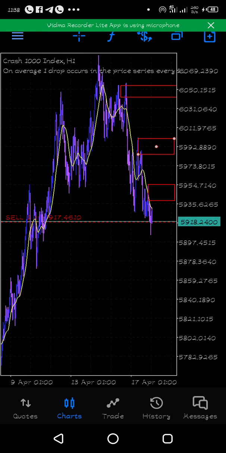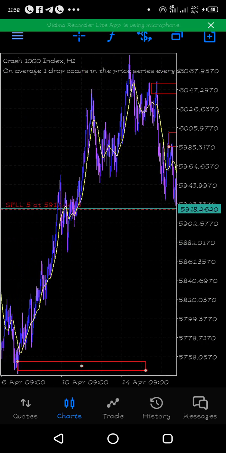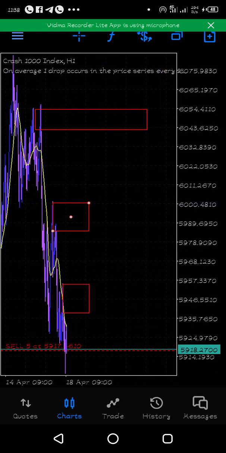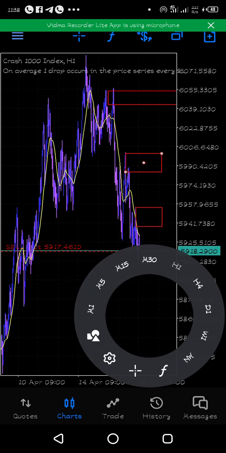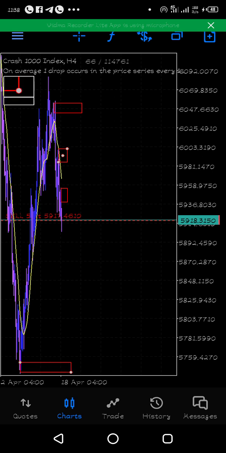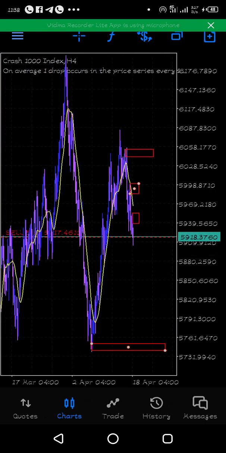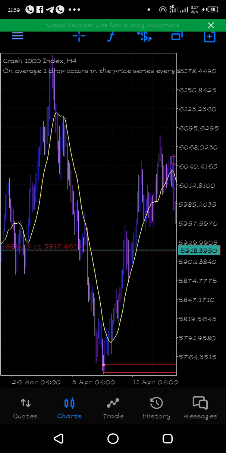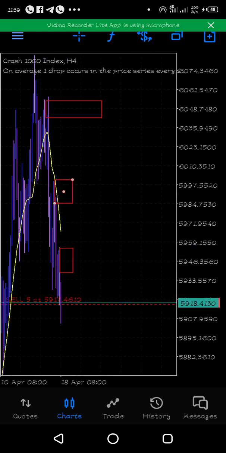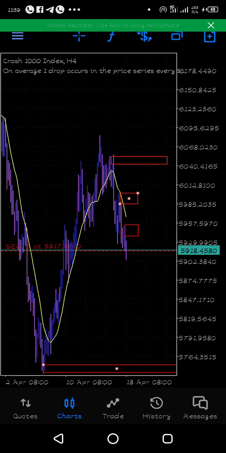At a later future, the market might come back to respect this zone. For instance, if I'm trading, let's go to 4 hours to see this a little bit clearly. If I'm trading this area now, and I want to take my profit, because the market already tested this zone in the lower time frame, I will predict that the market will come to retest this zone again in the higher time frame.